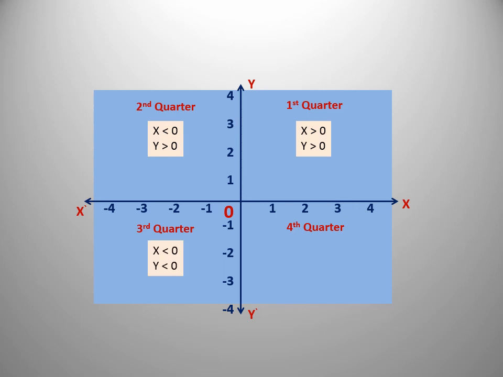Third quarter, both x and y are negative. So x and y less than 0. In the fourth quarter, x is positive and y is negative. So x is more than 0 and y is less than 0. It's so important.